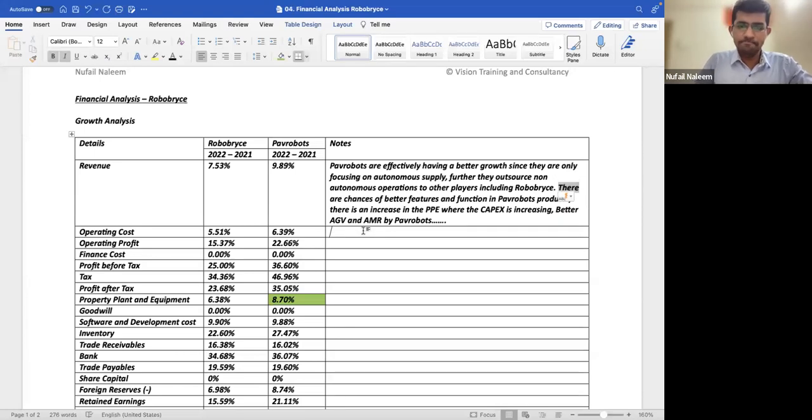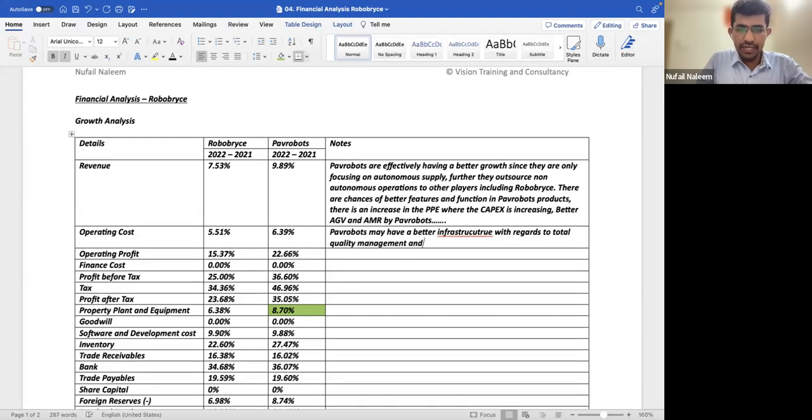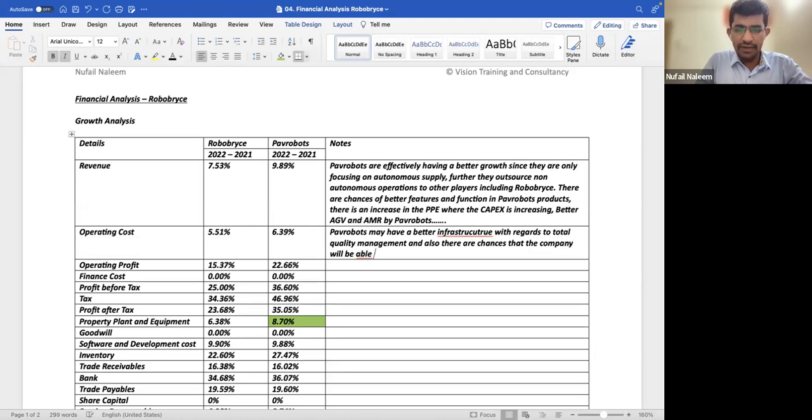Robobryce may have a better infrastructure with regards to total quality management, and there are also chances that the company will be able to have better, superior technological features.